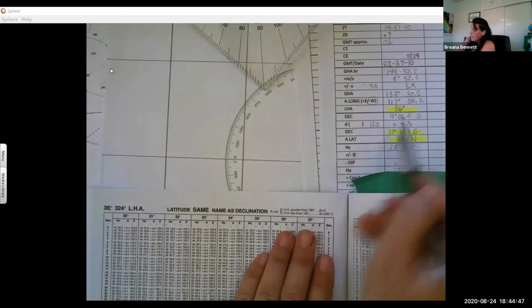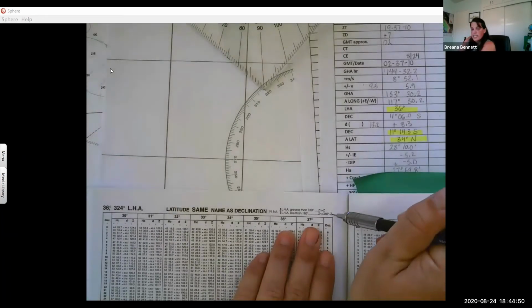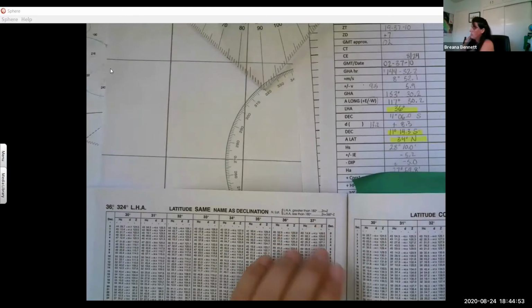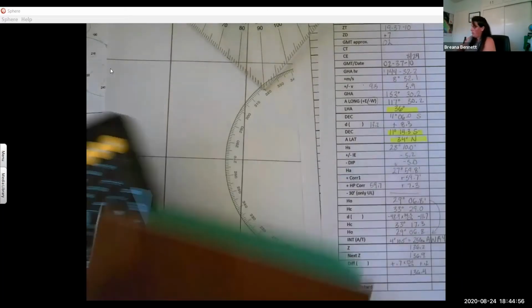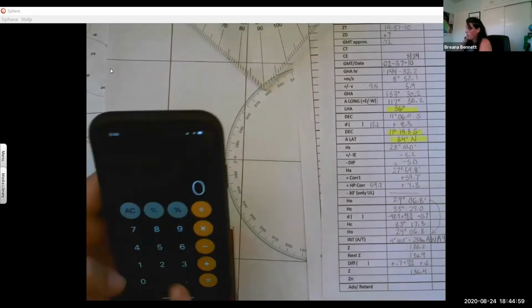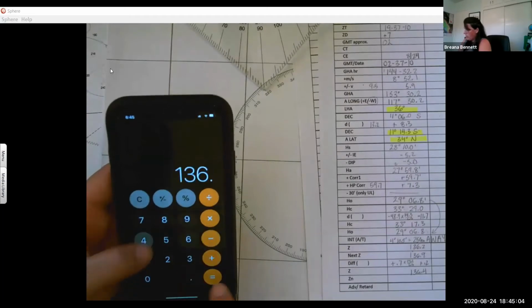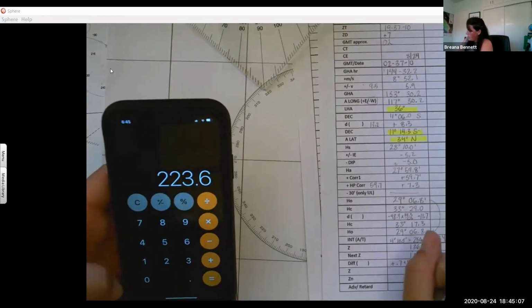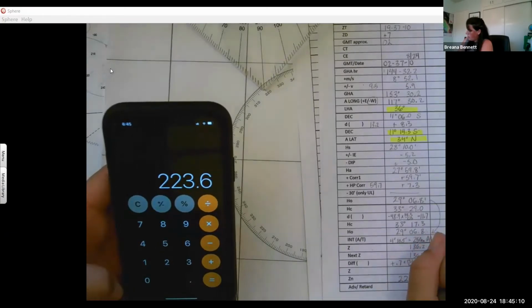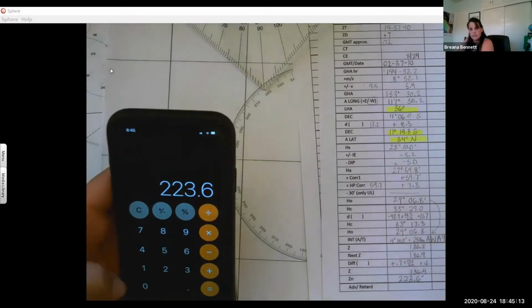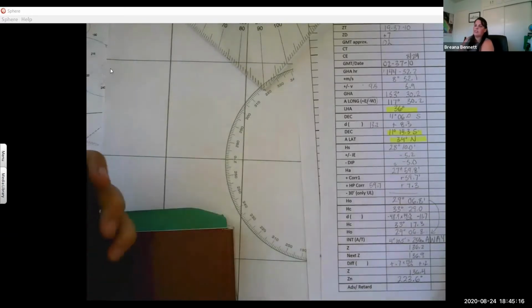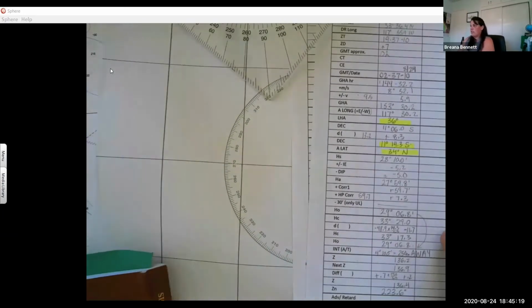Our LHA was less than, so we're going to do 360 minus Z. So 360 minus 136.4 gives us a ZN of 223.6 degrees. So that is our moon.